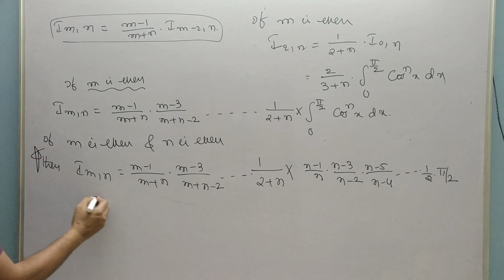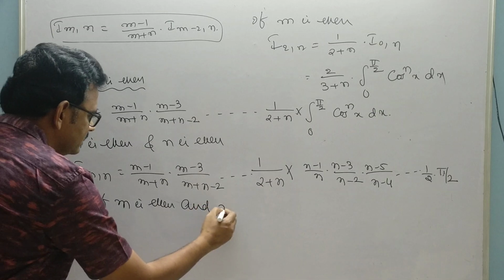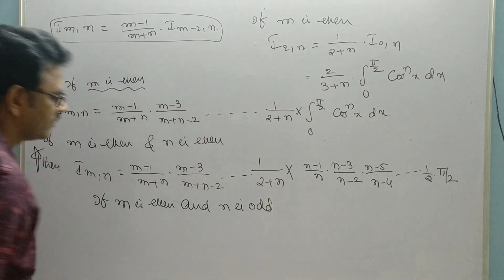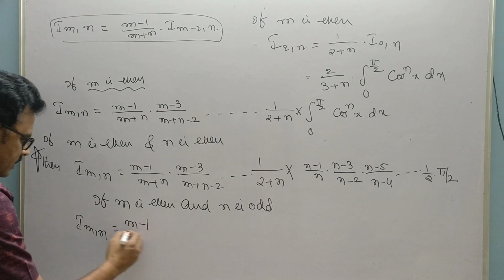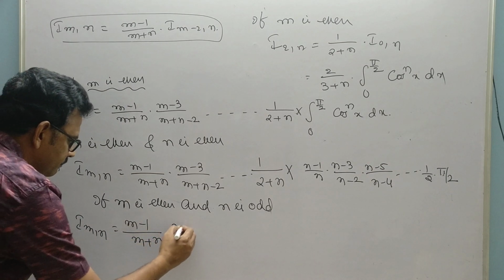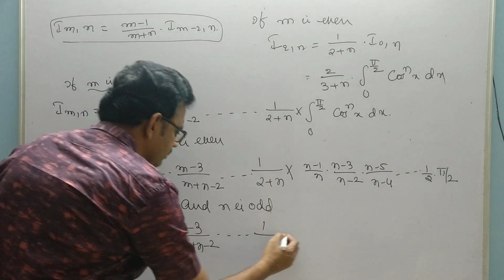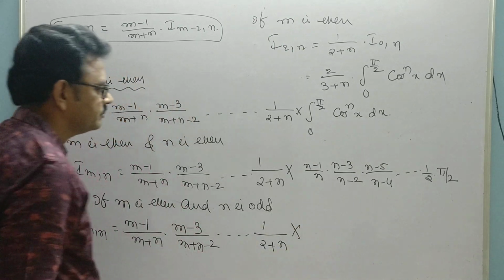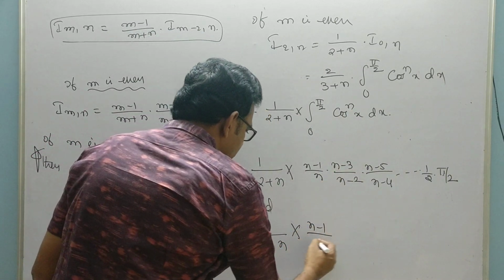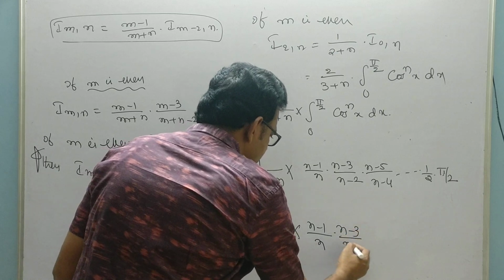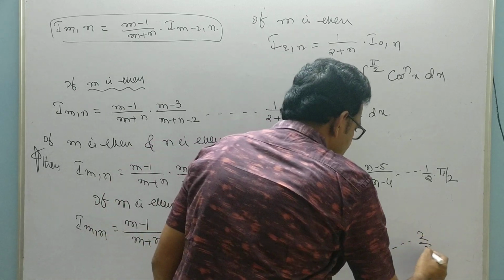Like, if m is even and n is odd, now the expansion I(m, n) is equal to (m minus 1) by (m plus n), (m minus 3) by (m plus n minus 2), and so on, 1 by 2 plus n into, since n is odd, the expansion (n minus 1) by n, (n minus 3) by (n minus 2), (n minus 5) by (n minus 4), and so on, 2 by 3 into 1.